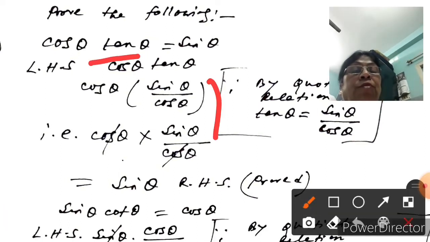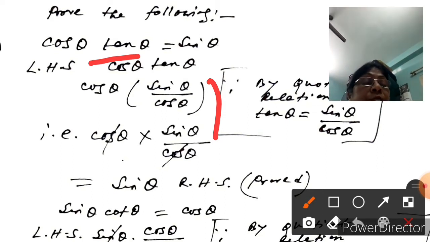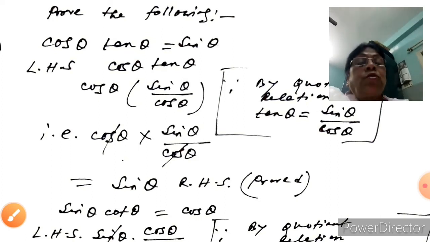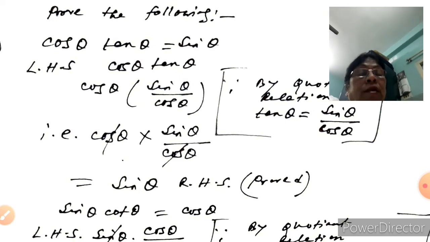Instead of tan theta we can write sin theta by cos theta. So, cos theta into sin theta by cos theta, cos theta cuts off, so comes sin theta. So, we have proved cos theta tan theta is equal to sin theta, right hand side proved.